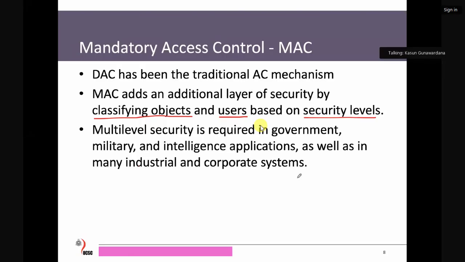Multi-level security is required in government, military, and intelligence applications, which means when the data and resources have a higher level of criticality or sensitivity, when we are dealing with highly confidential or highly private data, and we need to protect them with an extra layer of security, we may go into mandatory access control, where it specifically introduces different levels of security.